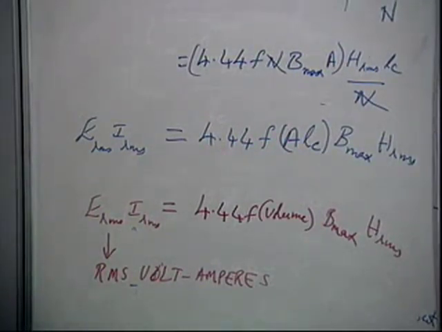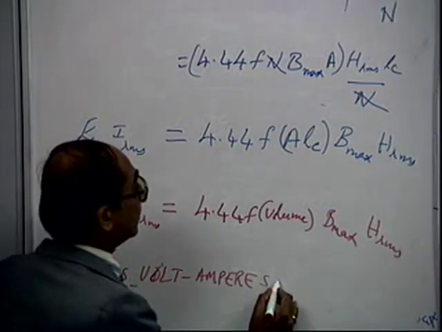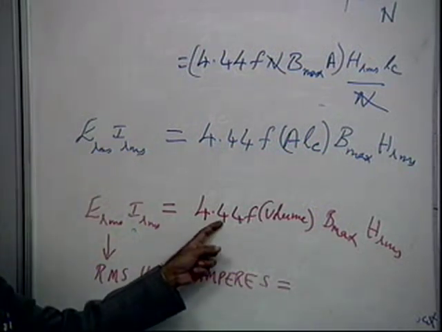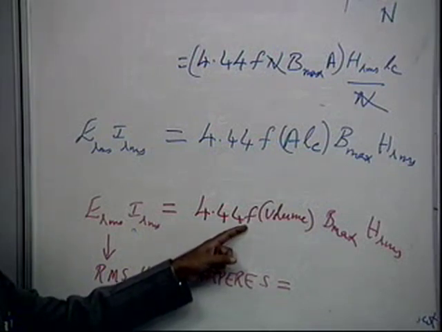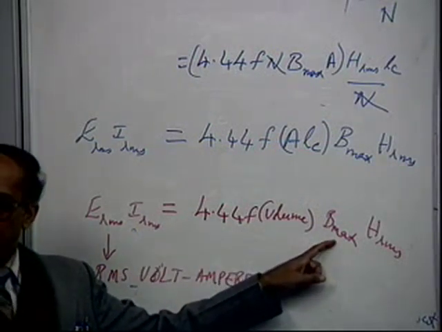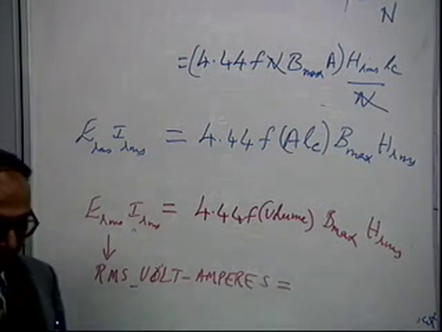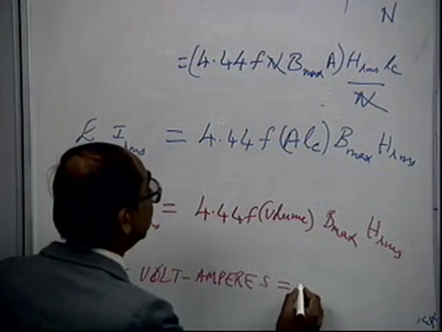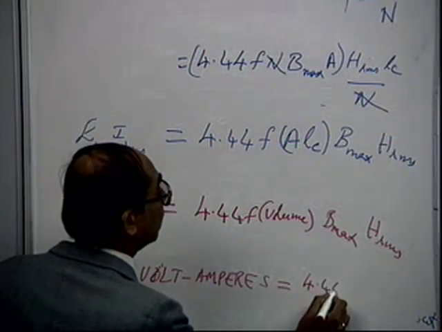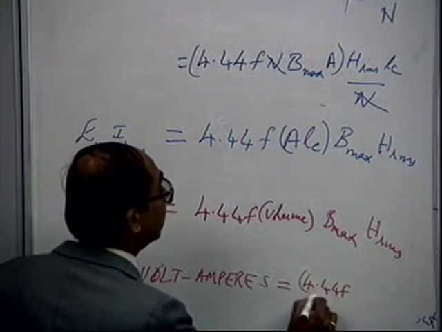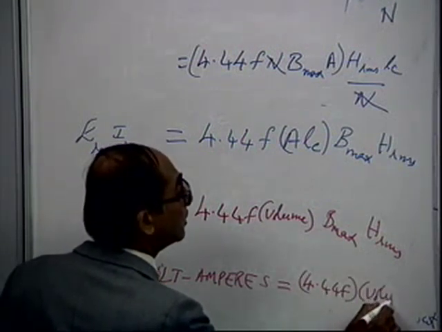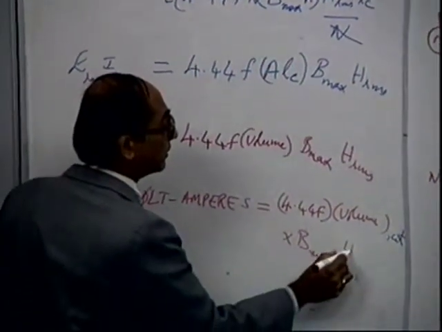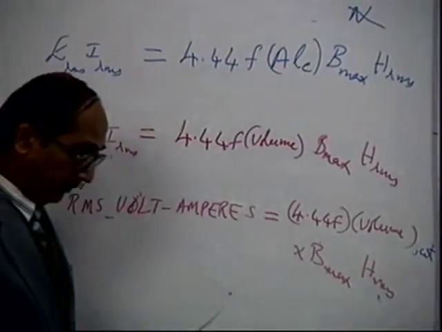Okay, and you will notice that RMS volt amperes is equal to a constant that depends upon frequency, and also depends upon the product of B max into H RMS. So it will be 4.44 F into volume into B max H RMS.